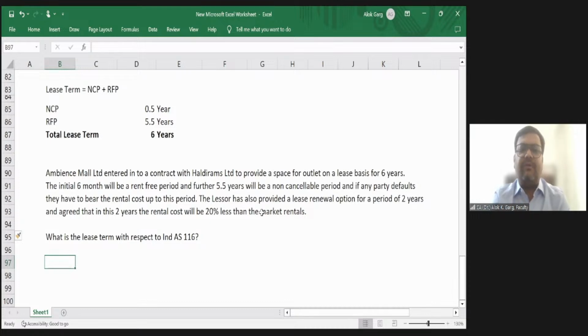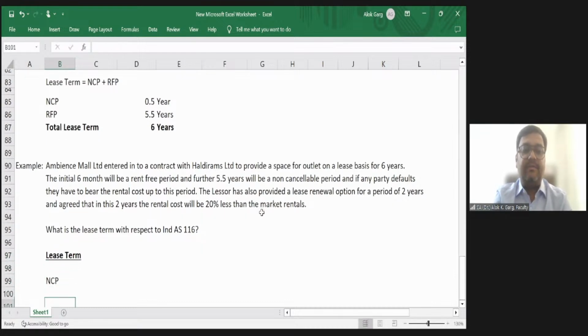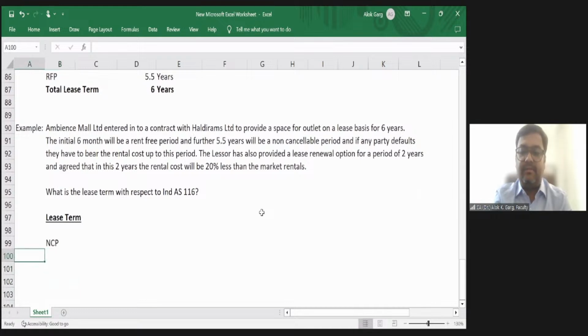Friends, Ind AS 116 says that your lease term is equal to the non-cancelable period plus the rent-free period plus the optional renewal period, ORP.